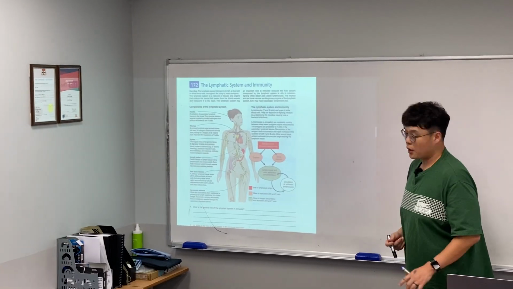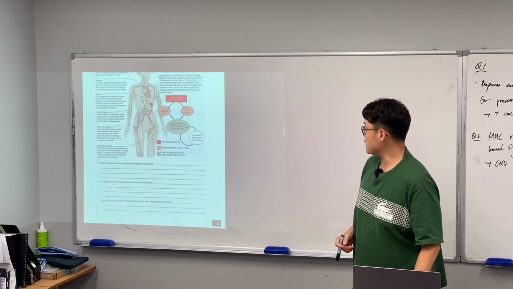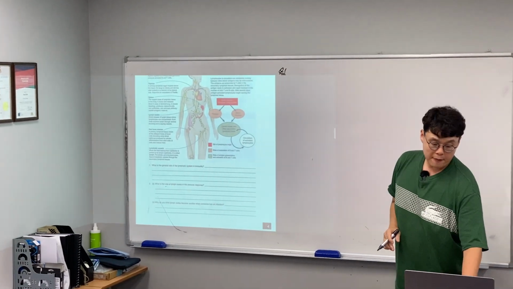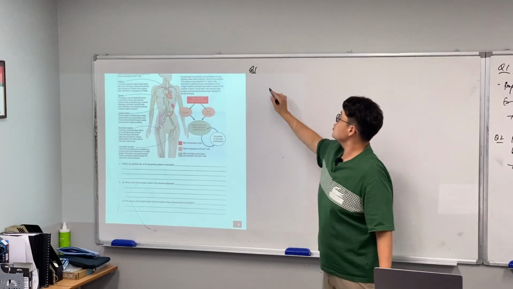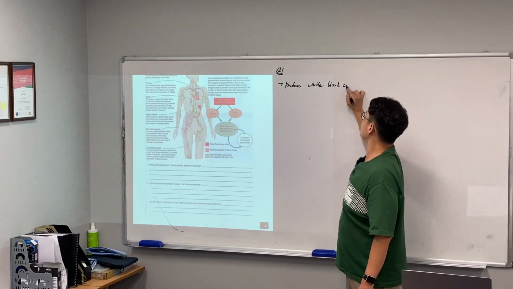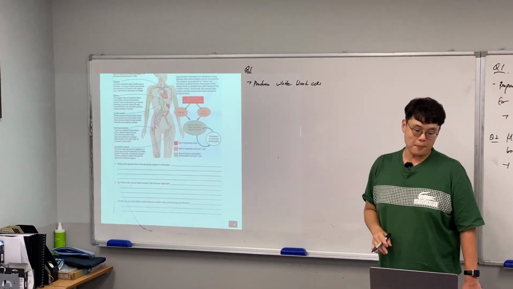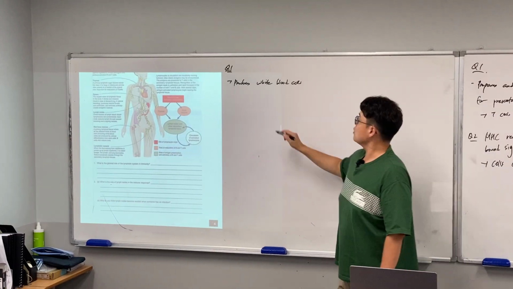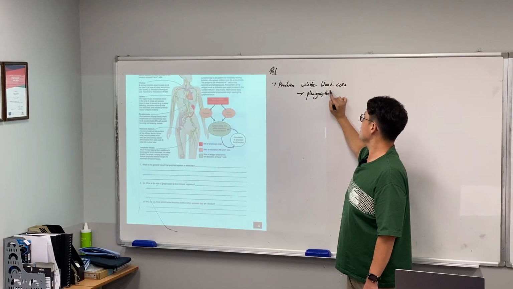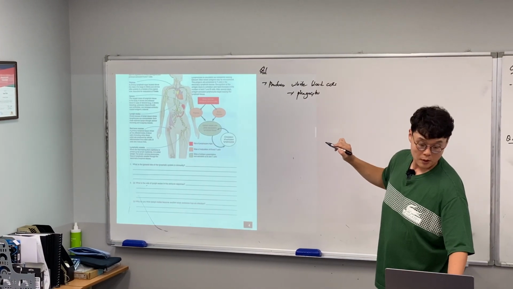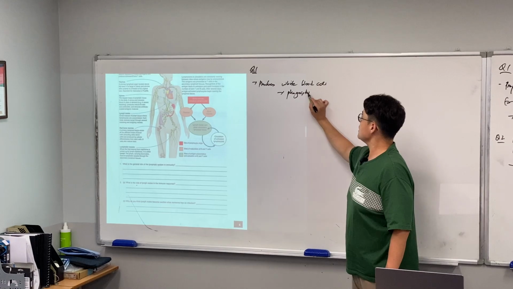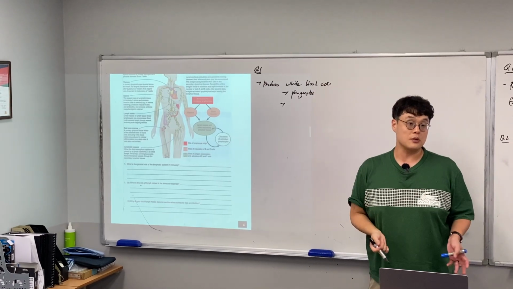But the important thing is, what is the general role? Question 1: the role of the lymphatic system in immunity. So let's answer that. First of all, the lymphatic system produces the white blood cells involved in protecting the body. So white blood cells including what? You can think about the phagocytes, including the macrophages and neutrophils.